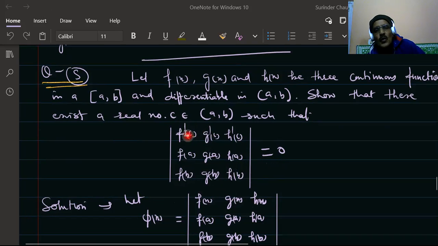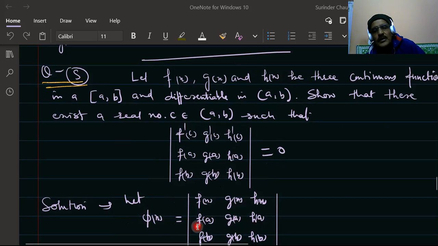Now from the first row, we have to guess what phi(x) will be, which will satisfy Rolle's theorem. Phi(x) will be such that differentiating it gives phi'(c), so we assume the first row will be f(x), g(x), h(x), and the other two rows the same. We suppose this will be phi(x).